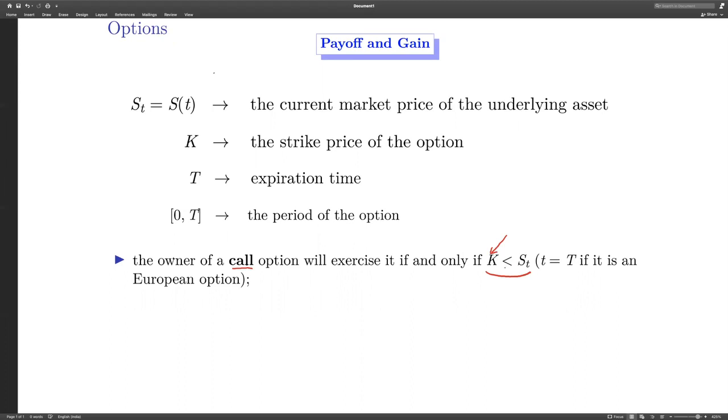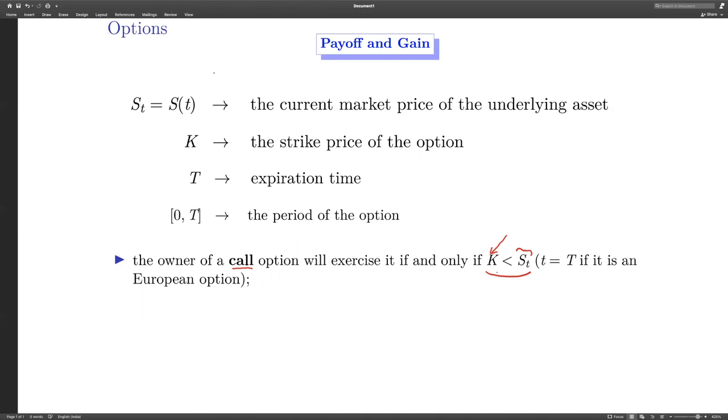Therefore, if K is less than the spot price, then the holder can buy the asset at the rate of K rupees per stock from the writer of the call option and sell it in the spot market immediately for the price S of T, because the spot market is offering S of T. And since K is less than S of T, the holder will make a profit out of this contract. Therefore, when K is less than S of T, the holder will always execute the contract.